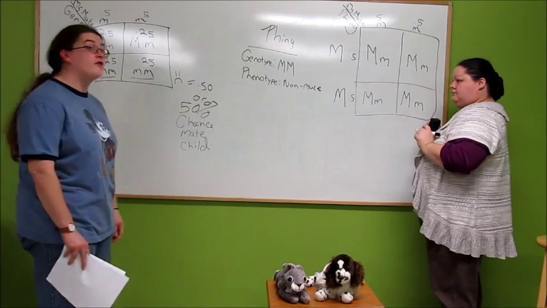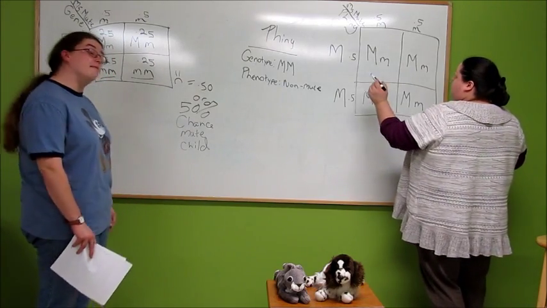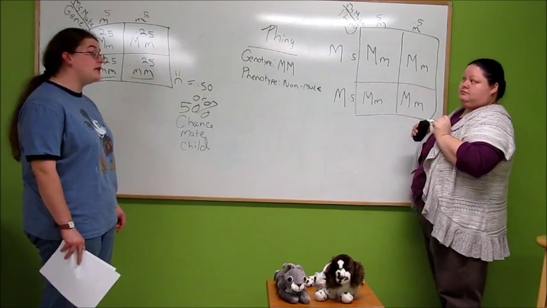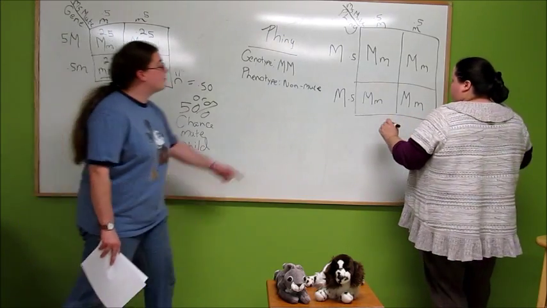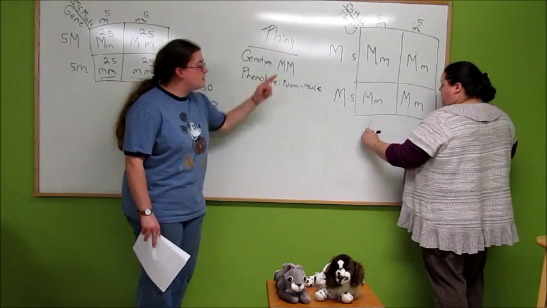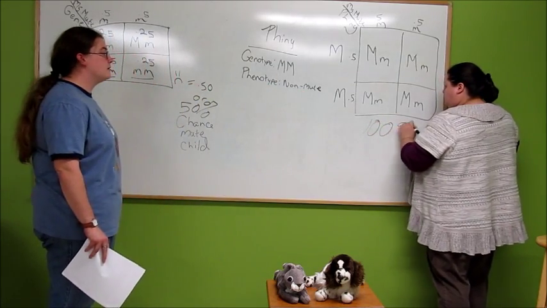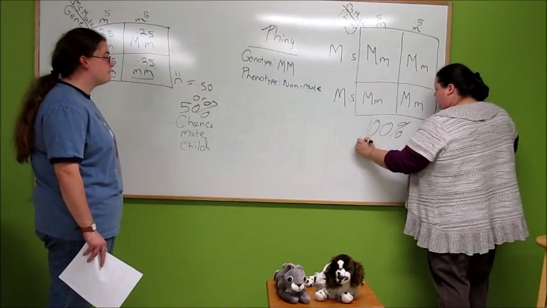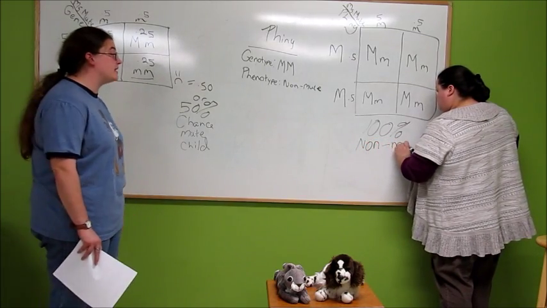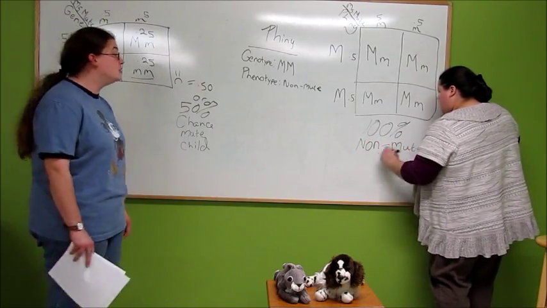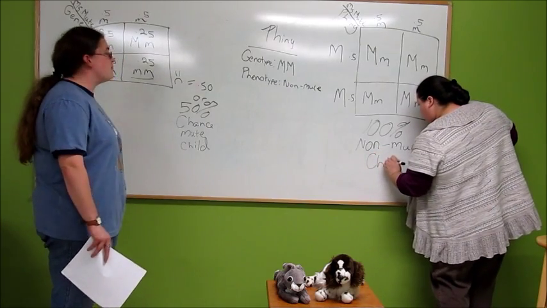And we know from Jean that with a big M, little m genotype, he was a non-mute phenotype. So, we have all four possibilities being non-mute. That means there's 0% chance of having a mute child if you were to mate with Finny.